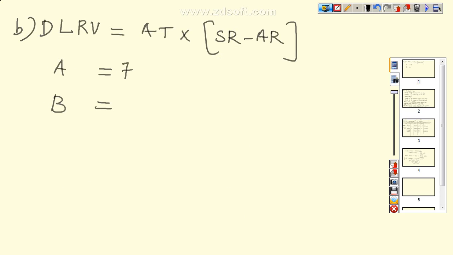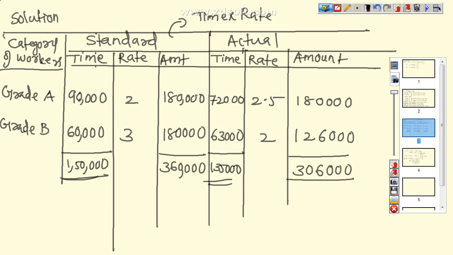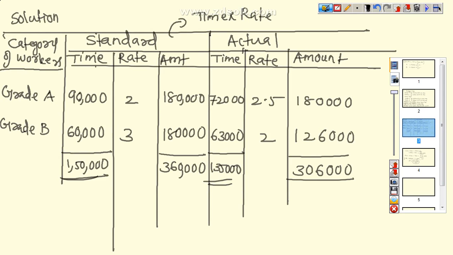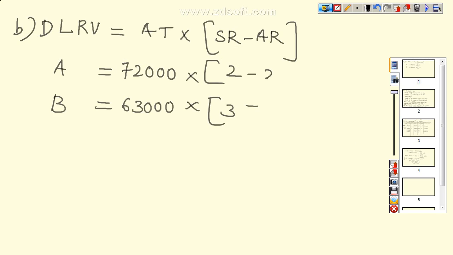So here we write 72,000, 63,000 multiplied by standard rate, and actual rate is also given in the question. Standard rate is 2 and 3, so here we write 2 and here we write 3 minus actual rate, according to the question, 2.5 and 2. So here we write 2.5 and here we write 2. So the answer is equal to 36,000. Answer is negative, so we write it here unfavorable.